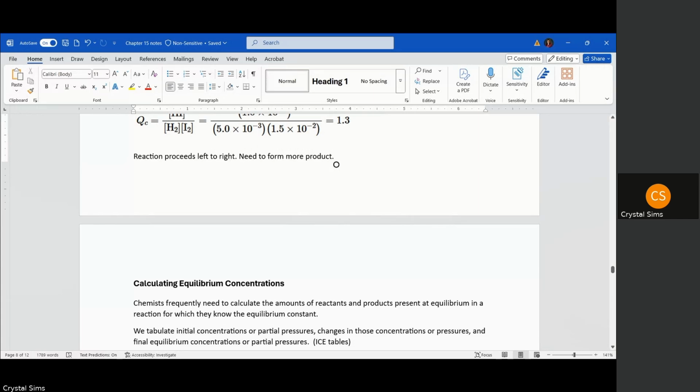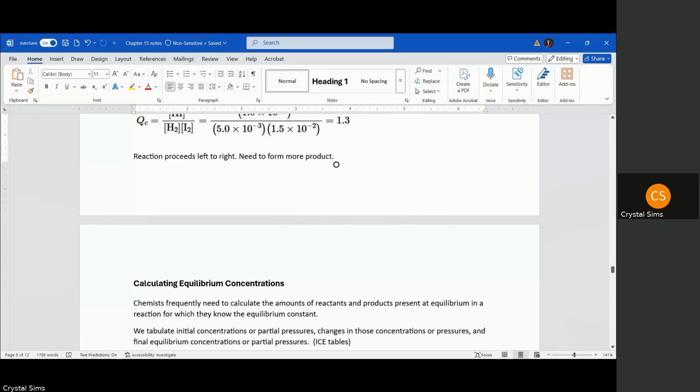So in this example, we have the Haber process again, and we know our Kp, and we have an equilibrium mixture and the partial pressure of hydrogen gas. We know the partial pressure of nitrogen gas, and we need to figure out the partial pressure of the ammonia gas that has been produced.